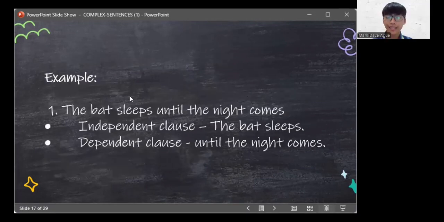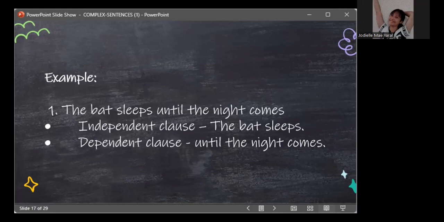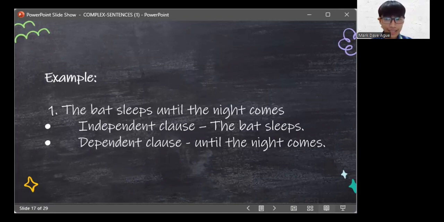So I have here an example: The bat sleeps until the night comes. The independent clause here is the bat sleeps, and the dependent clause is until the night comes. Now, Miss Yoral, are you there? Yes, sir. In the independent clause, can you tell me where the subject is?